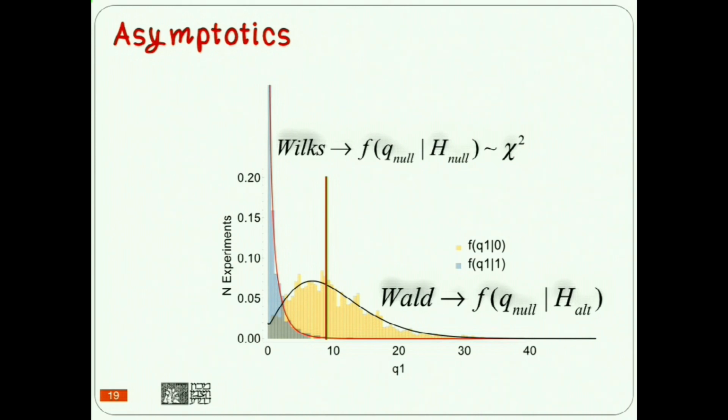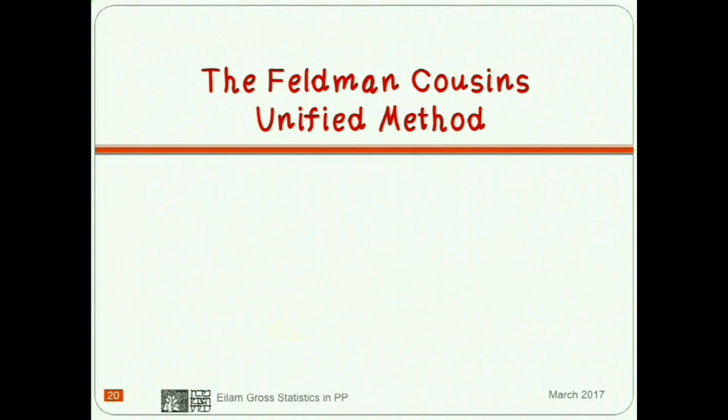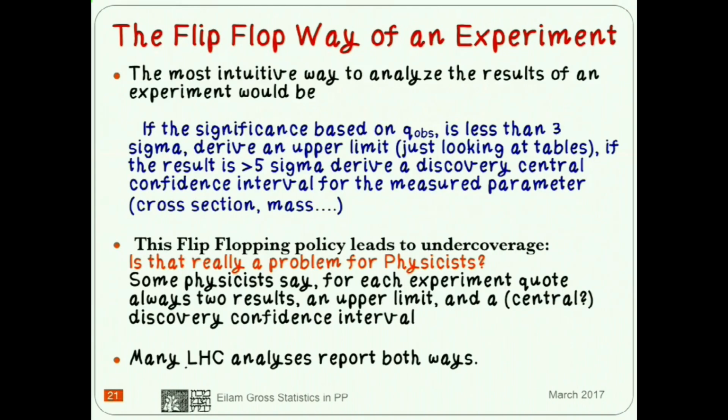And this is fantastic. So if I have the asymptotics, Wald gives me the asymptotics because it gives me a way to calculate the behavior of q null under h alt. And this is what I want. So I can actually have a second look at the Neyman construction and go to Feldman-Cousins.